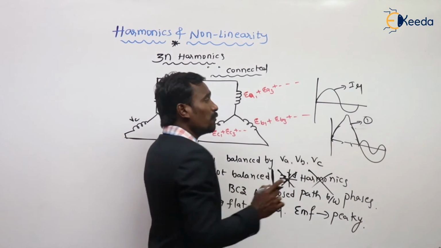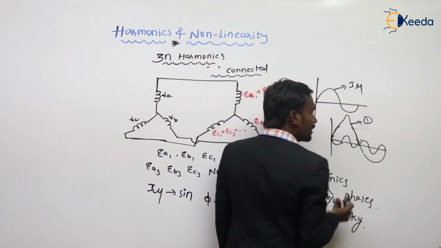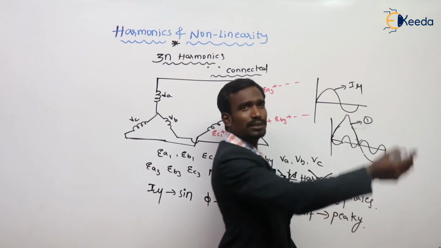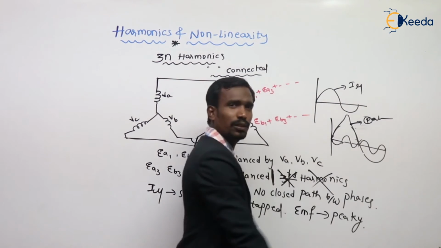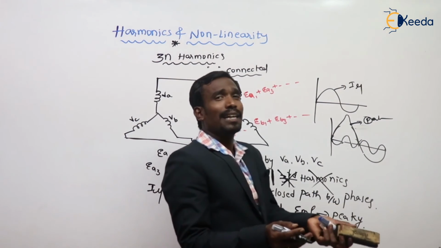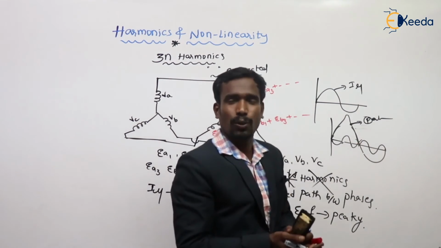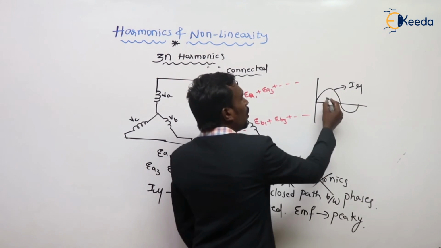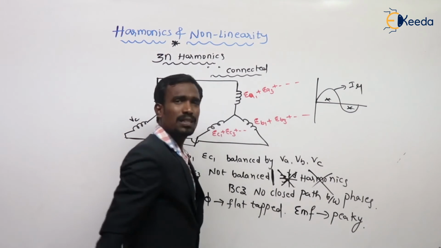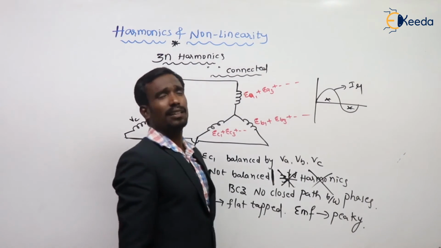In delta, we have third harmonic currents. Then this is added to the sinusoidal, so our I mu is a peaky wave. If the I mu is a peaky wave, then the flux is sinusoidal. But in star connection, there are no third harmonics, so the I mu is sinusoidal.